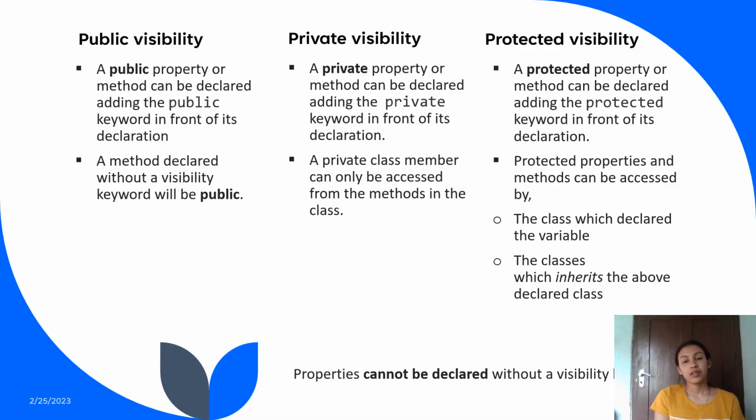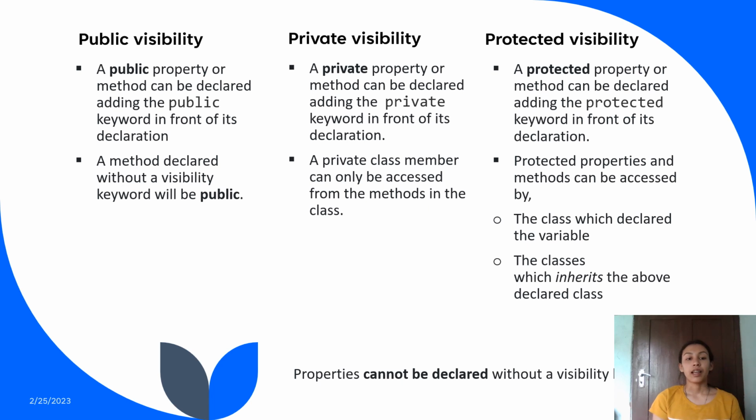So here is the definition and some basic differences between public, private, protected visibility. A public property or method can be declared using a public keyword, and a private property or method can be declared using a private keyword. In the same way, a protected property or method can be declared using a protected keyword.